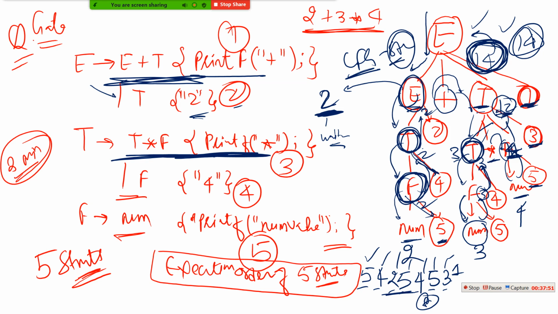Is it clear to every candidate what the execution statements of this grammar are? Please respond to me. The execution order of statements, is it clear to every candidate or not? If it is clear, please tell me in the chat box. Okay, it is clear.